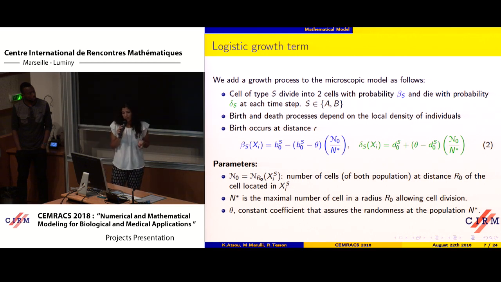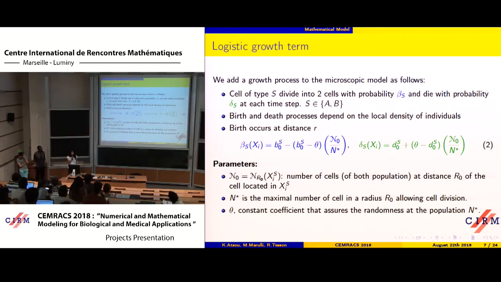The parameters are n_0, the number of cells at distance r_0 of the cell that we are considering, and n star, the maximum number of cells in your radius, so in your zone. And theta is a constant coefficient that assures the randomness at population n star.